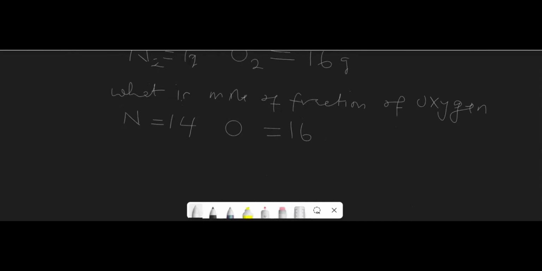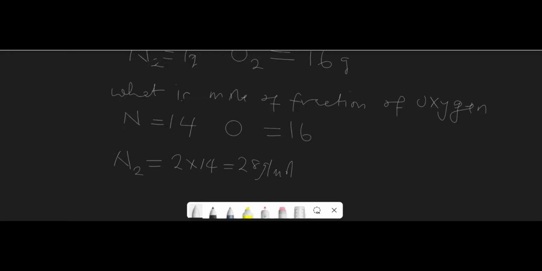So now how are we going to calculate the mole fraction of oxygen? It's simple. We have to first calculate the molar mass of nitrogen and then the molar mass of oxygen. Remember that nitrogen is always diatomic, that is, it usually comes as N2. So the mass of nitrogen is 14, and we are now going to say 2 times 14, which is equal to 28 gram per mole.